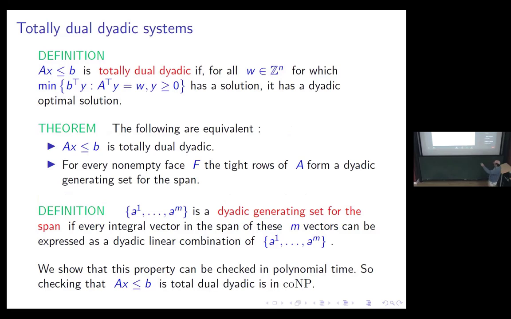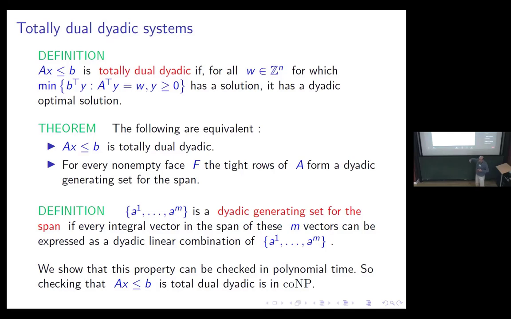So we are able to show that the following are equivalent. A linear system is totally dual dyadic, and for every non-empty face, the tight rows of A at that face form what we call a dyadic generating set for the span.